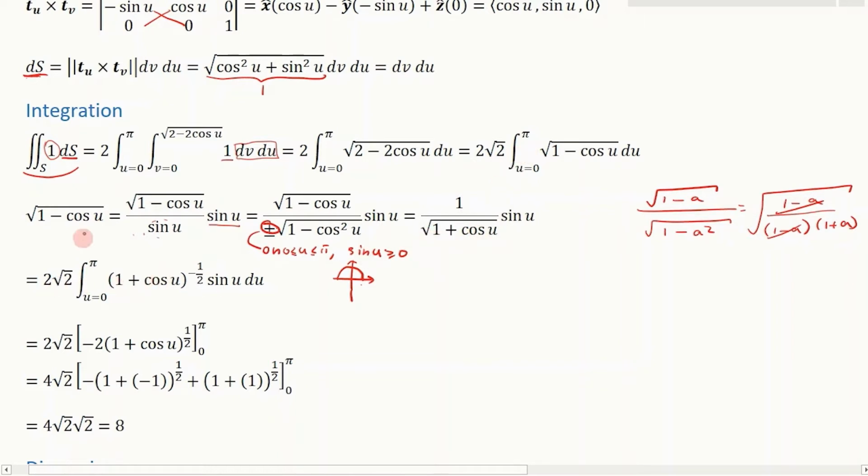Then in the next step, I plugged it all back into the integral. So I got 2 square root of 2 as before, same integral. I rewrote this as 1 plus cosine u to the power of negative 1/2 because it's a square root in the denominator. Sine u is from here, and du.